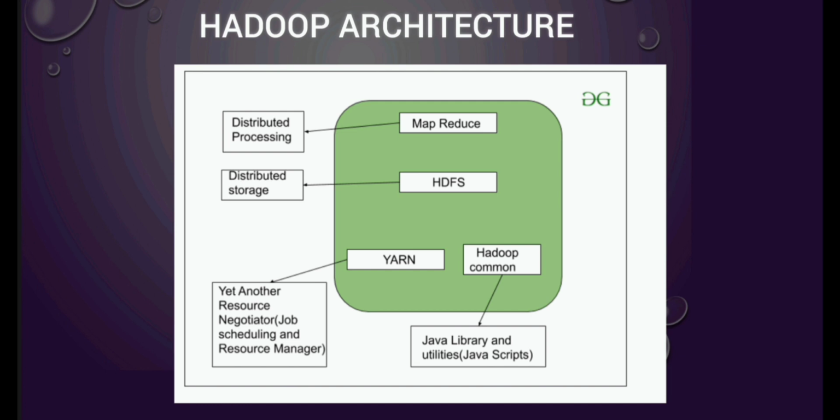First is MapReduce. MapReduce is just like an algorithm or a data structure that is based on the YARN framework. The major feature of MapReduce is to perform distributed processing in parallel in a Hadoop cluster, which makes Hadoop work so fast.